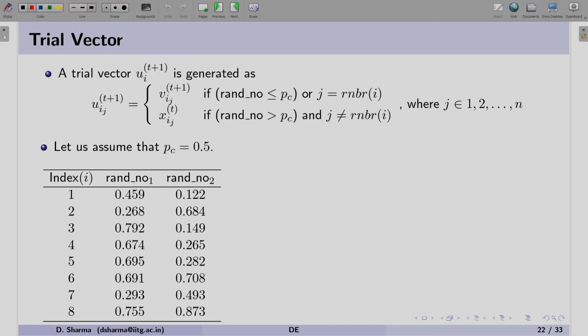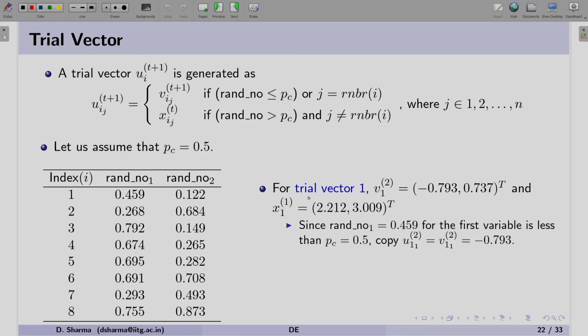As we know, we are solving a two variable problem, that is x1 and x2. For both the variables, we are creating random numbers, as you can see in the table. So, for every vector 1 to 8, we are creating random numbers to find out which particular component of the decision variable will be copied into the trial vector.